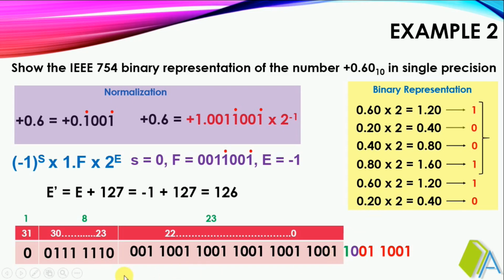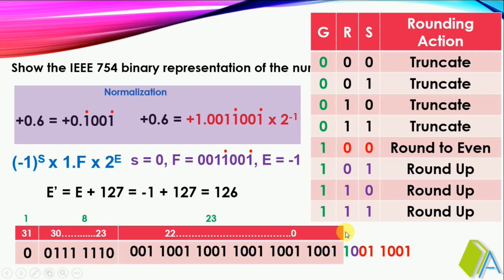The first 23 bits after the decimal point are to be retained. The 24th bit, the first extra bit, is known as the guard bit, the second extra bit is known as the round bit, and the remaining bits are sticky bits. According to the rounding rules, here our combination is guard bit 1, and the round bit and sticky bit combination is non-zero.